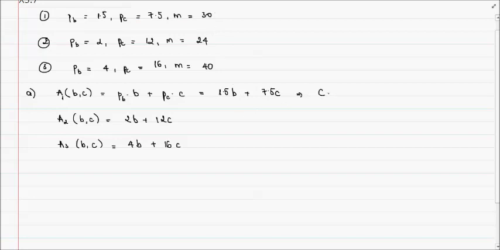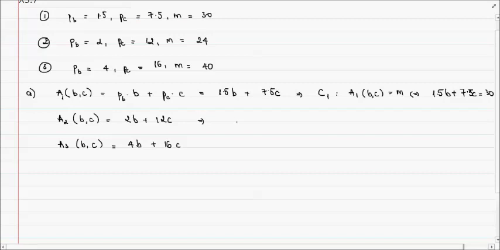So the budget constraint for the first case, I'll call it C1, is where the acquisition cost equals the income, say M1. That is the case where 1.5B plus 7.5C equals 30.